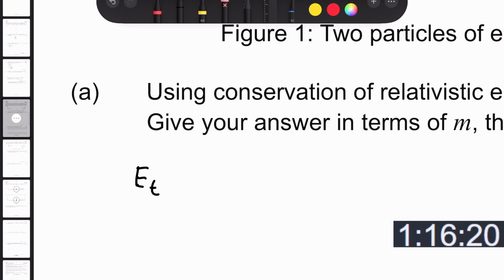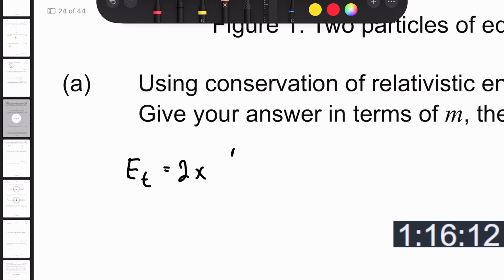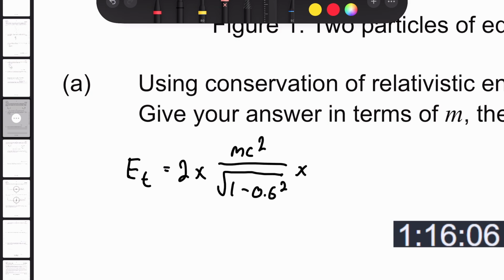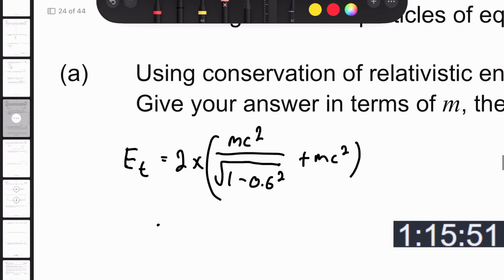ET equals 2 times mc squared over 1 minus 0.6 squared, and then what's the mass? It's plus, so plus mc squared. Ek plus E rest, so plus mc squared.